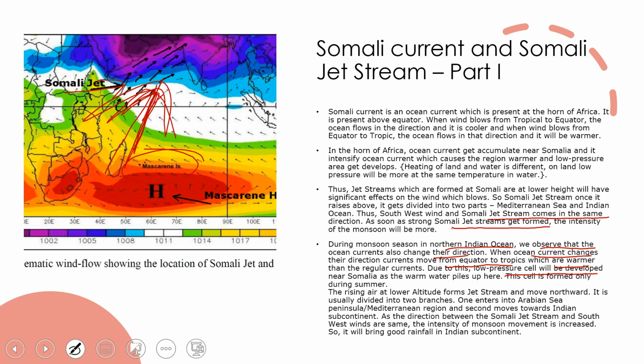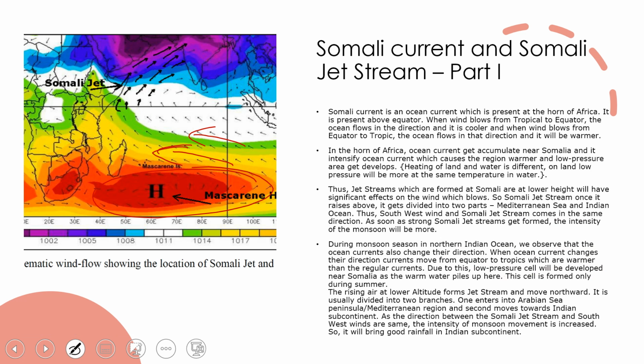If you see this diagram clearly, there is this arrow, and I will explain why. Because of this low pressure, and you will have high pressure here and low pressure here, this water will get here, going to the low pressure. This is warmer water, and as soon as this warmer water hits Somalia, intense low pressure will be created and it will get evaporated.